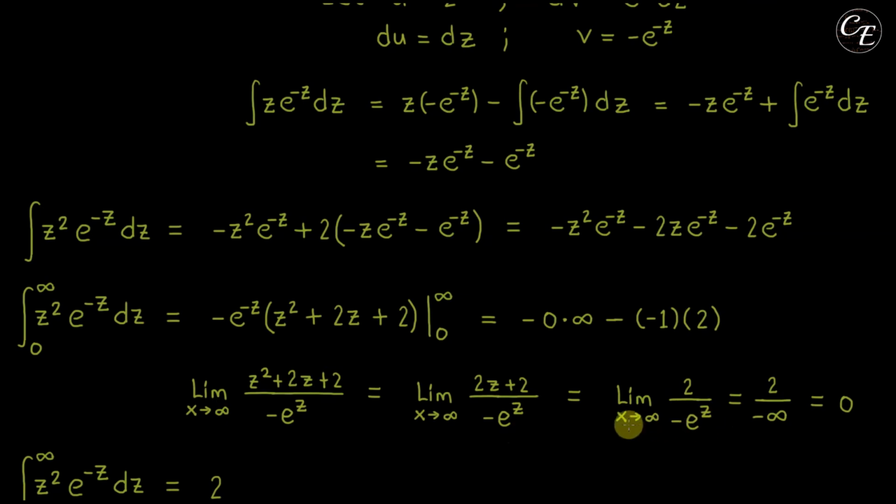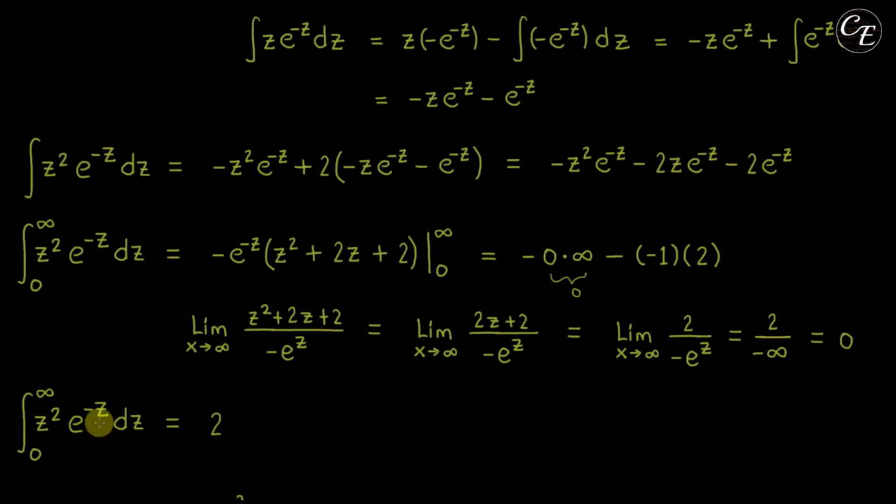Then if we substitute this positive infinity for z in here, we get 2 over e raised to positive infinity, which is still positive infinity, and negative of positive infinity, we get negative infinity. And 2 over negative infinity is 0, so we have here 0. So what we're left with is minus of negative 1, which is positive 1 times 2 is 2. So the value of this integral expression is just equal to 2.